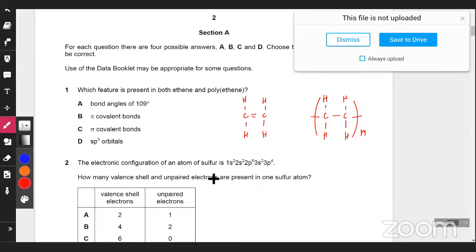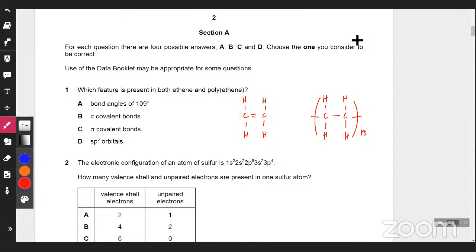So what's the common feature that's present in both? Sigma covalent bonds. Okay, so they both have sigma covalent bonds.